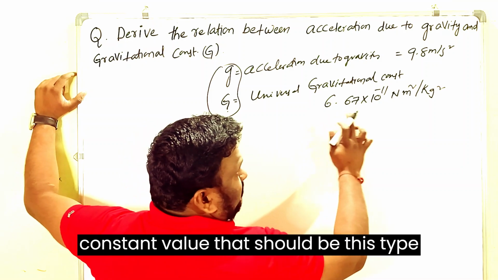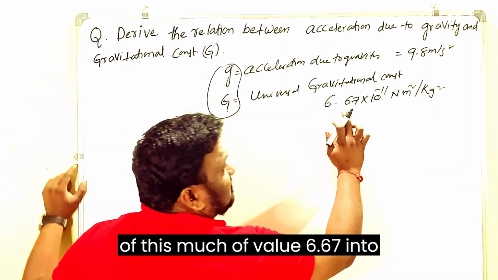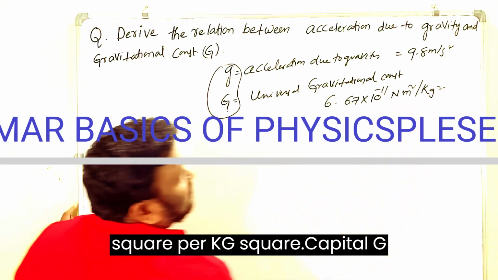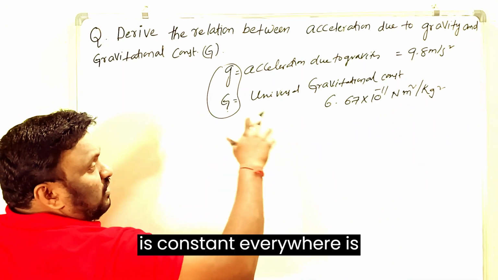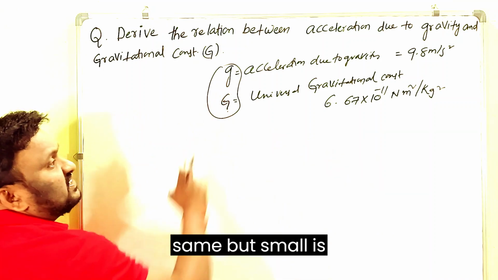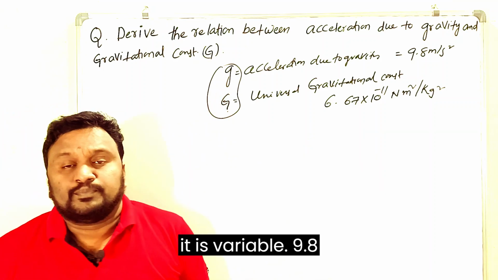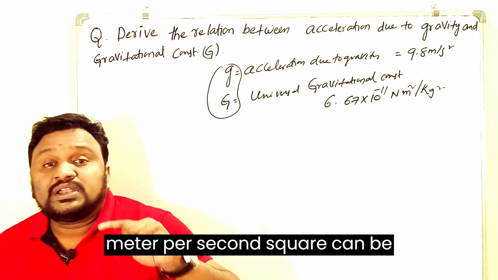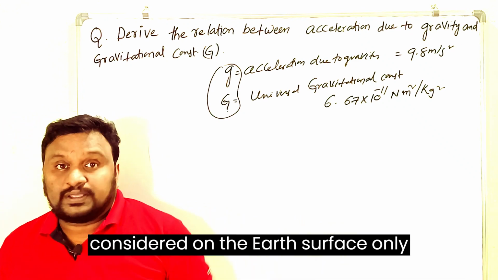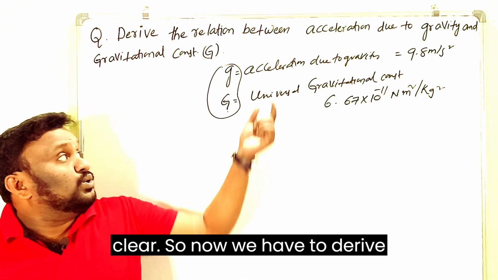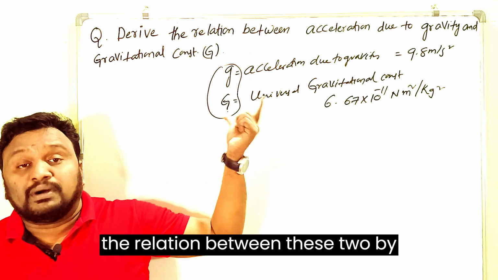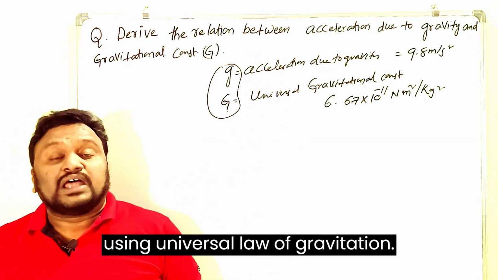Capital G is constant, everywhere it is the same, but small g is variable. 9.8 meter per second square can be considered on the earth surface only. Clear? So now we have to derive the relation between these two by using universal law of gravitation.